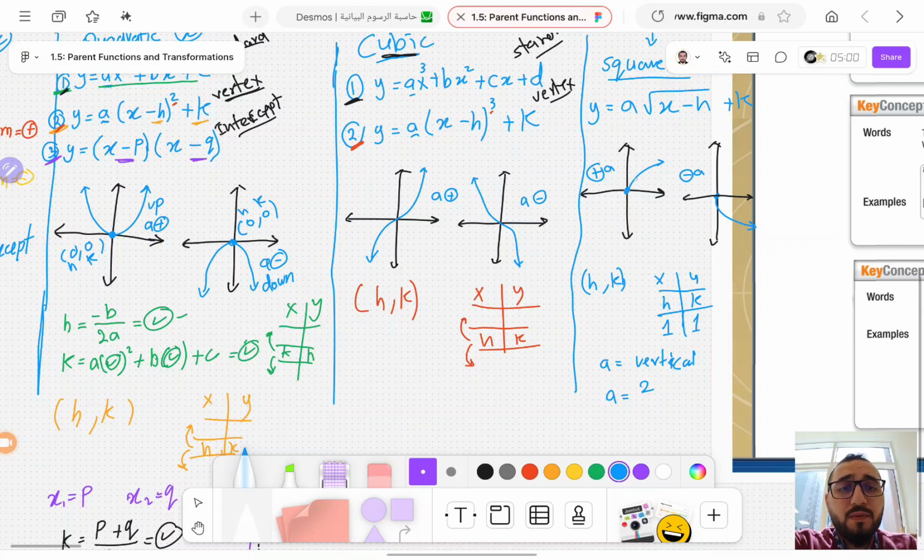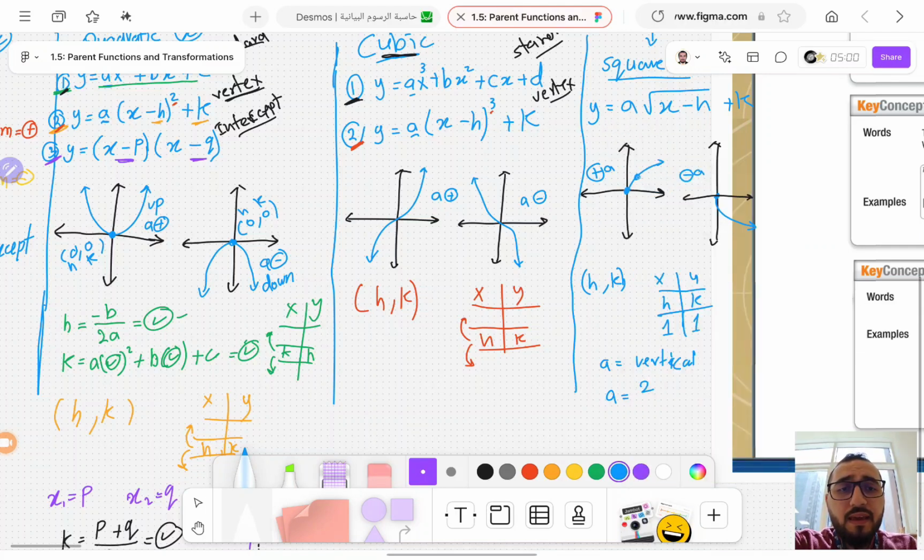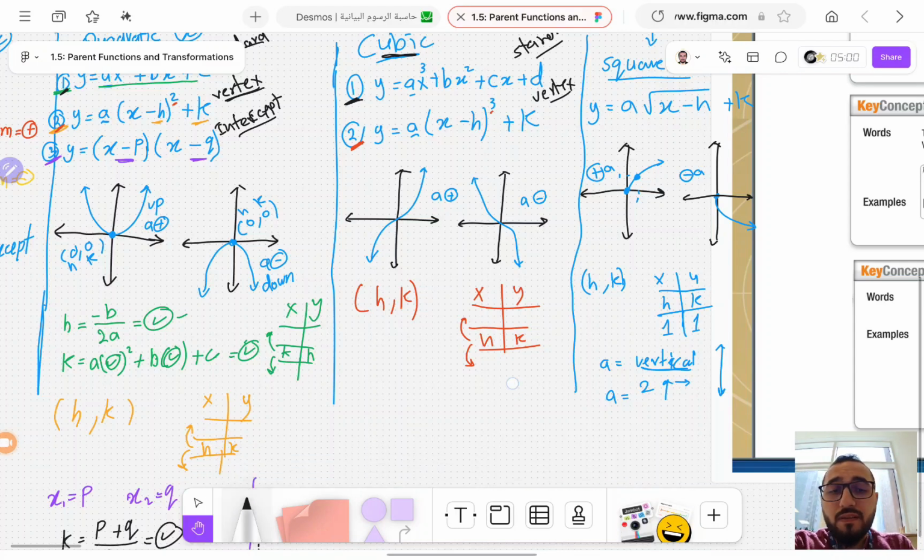The second point should be 1 and 1. But because a is 2 here, that means, vertical means y-axis, so I have to go 2 steps up and 1 step to the right to graph the function.